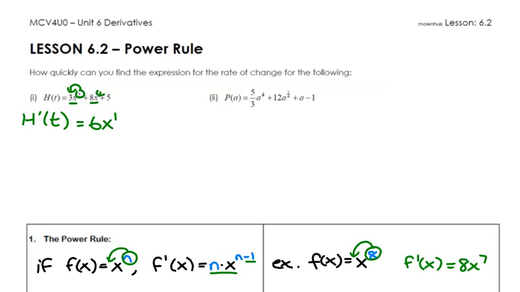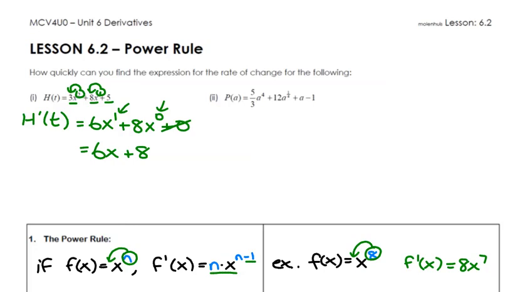So we're going to bring that down, multiply it with the 8. So you're still going to get 8, but now you're going to get x to the power of 1 less than the 1, which is 0. And the derivative of any constant you guys know is 0. Okay, so we're going to clean that up a little bit. I don't want you to write the 1. I don't want a 0. This is just ridiculous. Okay, so your answer should be 6x plus 8 times 1, which is just 8.